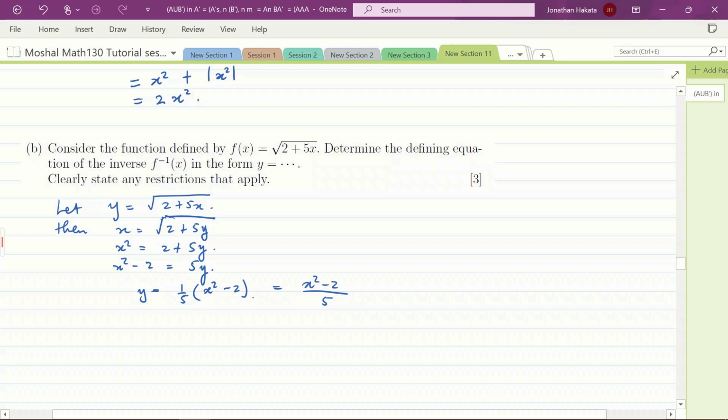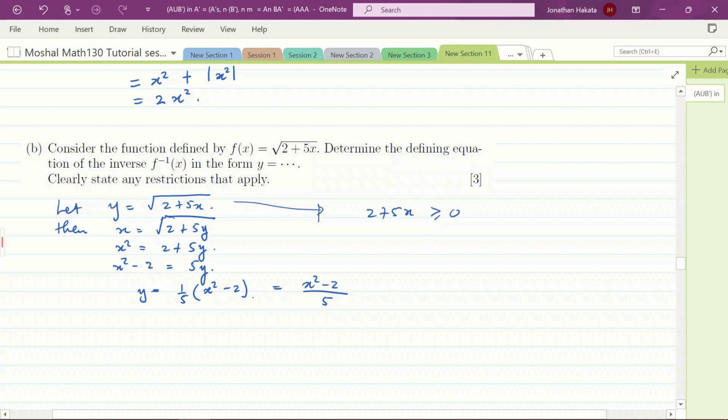Now, what are the restrictions? From this, the restriction is that 2 plus 5x should be greater than or equal to 0.